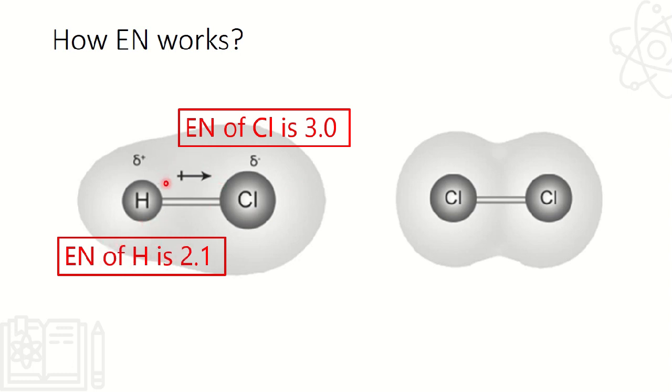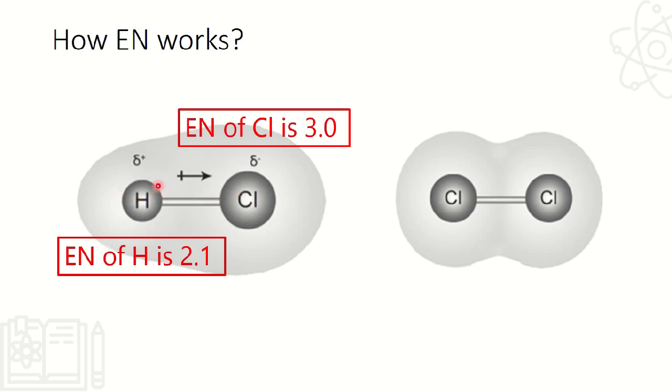Kung titingnan natin yung direction ng arrow, the electron moves toward the orbit of chlorine. Halos lumilipat siya, dumidikit siya sa orbit ng chlorine. In this combination of two atoms, pag nag-bond yung hydrogen saka yung chlorine, nagkakaroon tayo ng HCl solution. Diba? Nagbabond sila, nagdidikit sila.